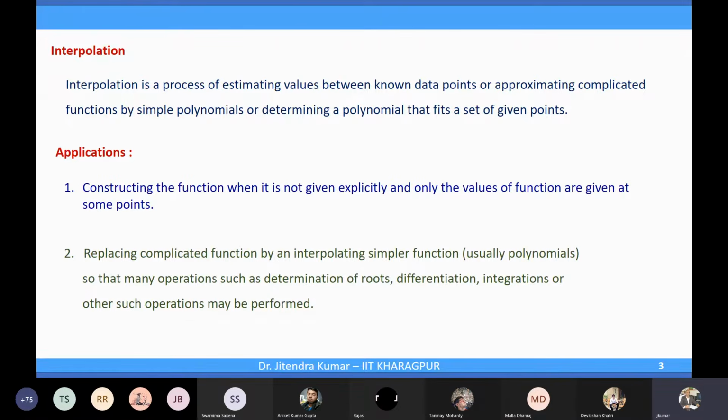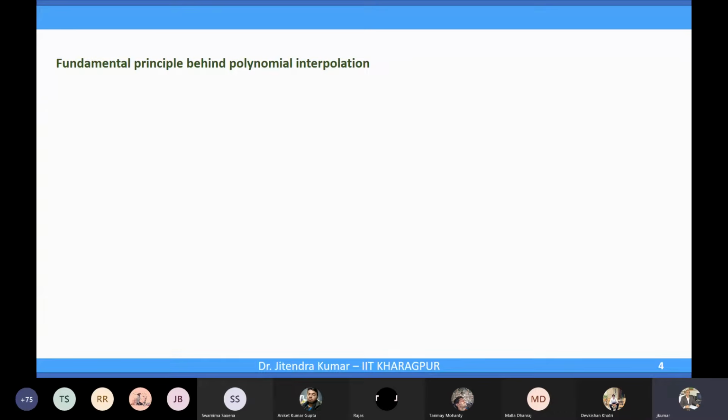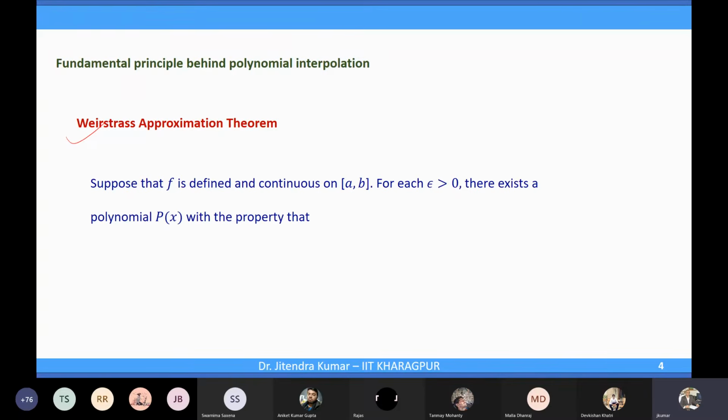Well, what is the fundamental principle behind polynomial interpolation? How do we expect that we can approximate by polynomials? The idea comes from the Weierstrass approximation theorem, which says: suppose f is a function defined and continuous on the interval [a, b].